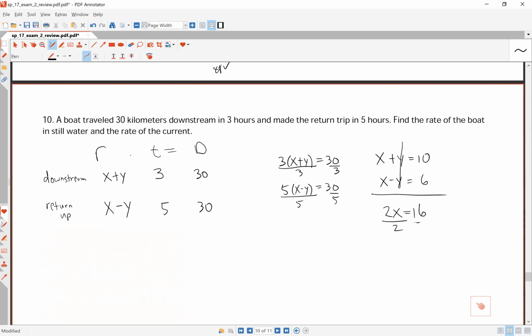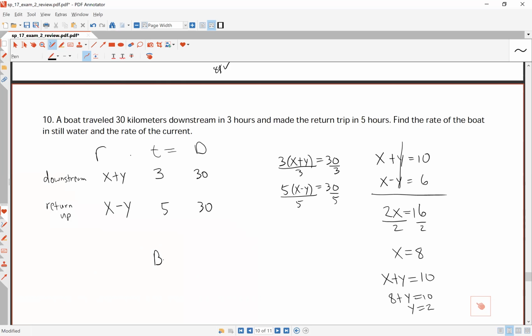Dividing both sides by 2 gives us x is equal to 8. If x is 8, then x plus y is 10, and 8 plus y is 10, says y is 2.